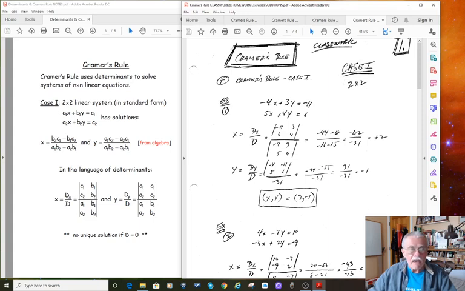We symbolize that by D, D for determinant. So again, you look at the coefficients, and determinant D would be a1, b1 in the first row, and a2, b2 in the second row. And if you use the rule that we learned earlier to evaluate that determinant, this is what you get. Okay?